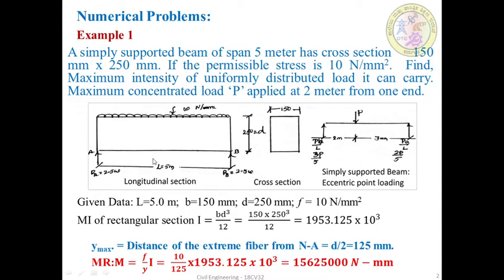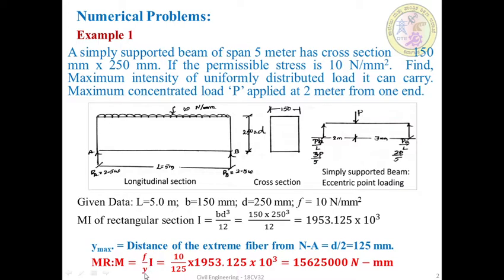Next we have to find the distance of the extreme fiber with respect to the neutral axis, and that is given by y maximum equal to d by 2, equal to 250 divided by 2, which gives 125 millimeters. Next, the moment of resistance is given by I divided by y into f.